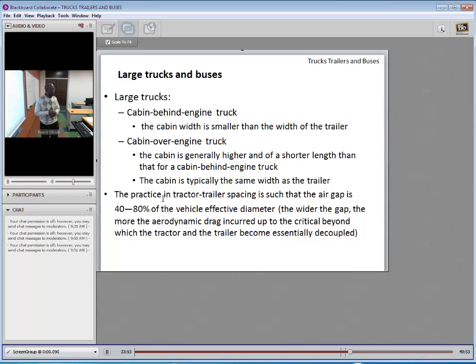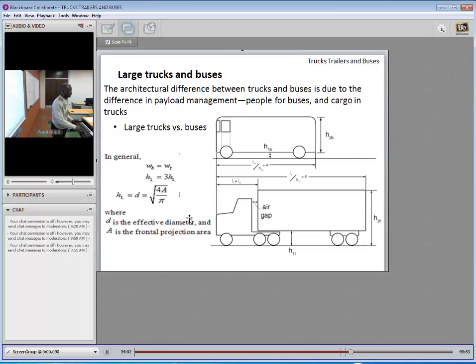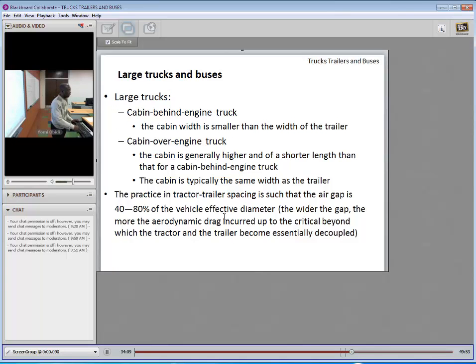Now, for the cabin behind engine truck, the cabin width is generally smaller than the width of the trailer. As you can see, for this, the cabin width is generally smaller than the width of the trailer in the cabin behind engine. Whereas in the cabin over engine truck, the cabin is generally higher and of a shorter length than that of the cabin behind engine truck.